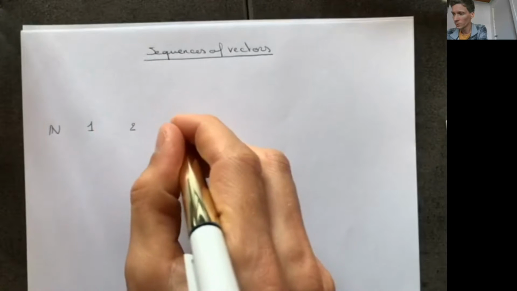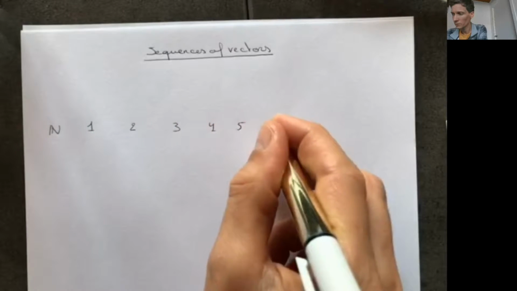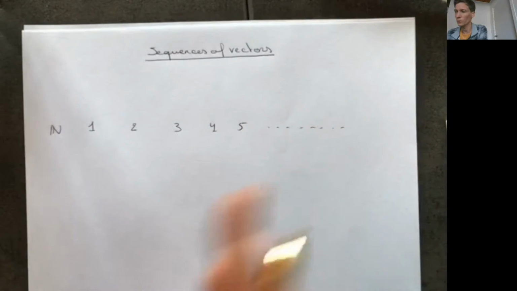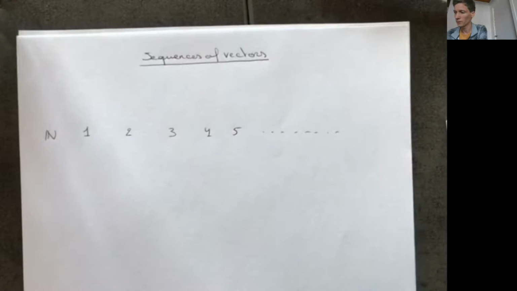So we want to introduce the concept of a sequence of vectors. Well, the notion is very similar to a sequence of numbers. So remember, we had the set of natural numbers 1, 2, 3, 4, 5, 6, and so on, right? They go infinitely long. So there's no end to the sequence.